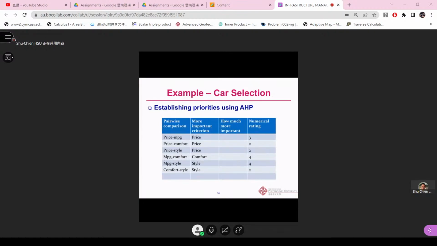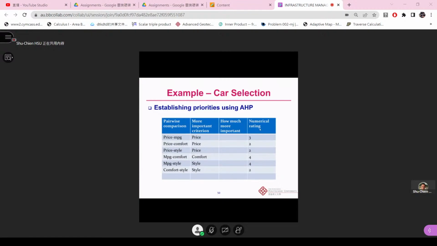Fuel efficiency, mileage per gallon, is more important than comfort, so I put 4. Fuel efficiency is also more important than style, so we put 4. I don't really care about style. Comfort is also more important than style, 2 versus 1. That is why I put the numerical rating here.